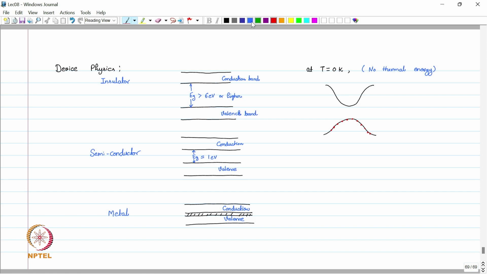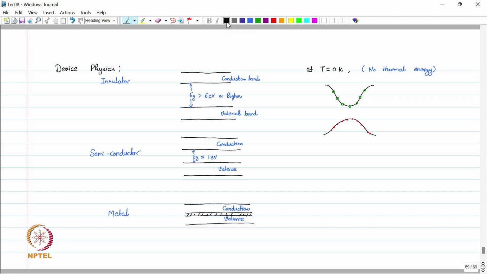It has available states which electrons can fill up, but currently all these states are empty. So I am drawing it with an open symbol. It means that these states are available to occupy, but they are empty at T equal to 0.